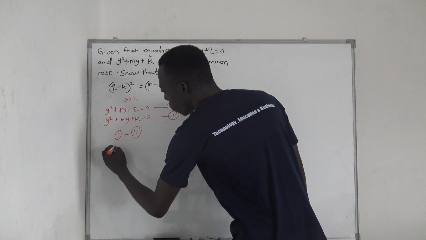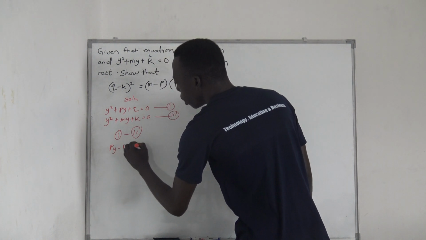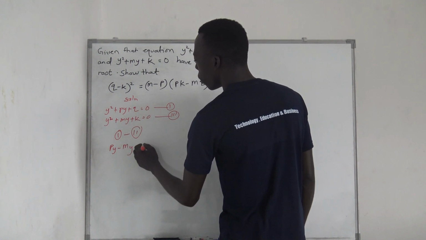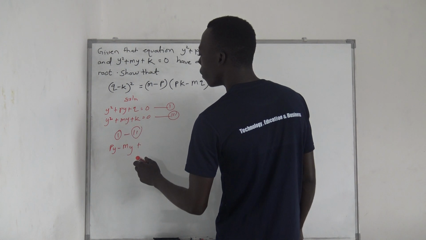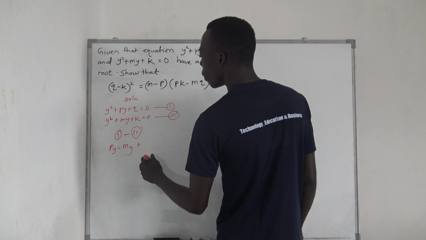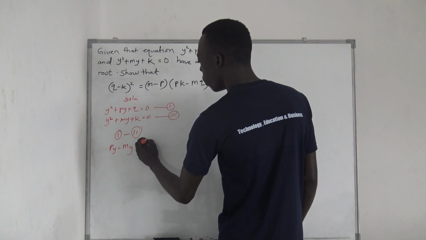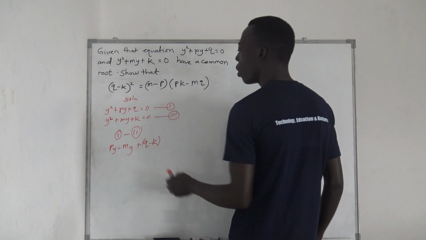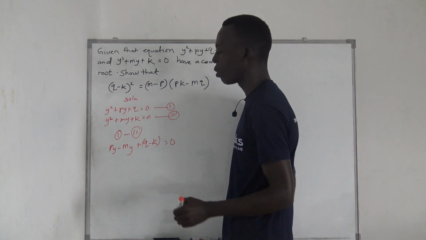So it becomes py minus my. Then this side it becomes plus q minus k. So that is what we have, which must be equal to 0.